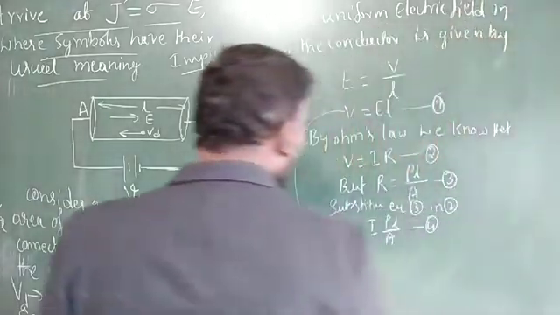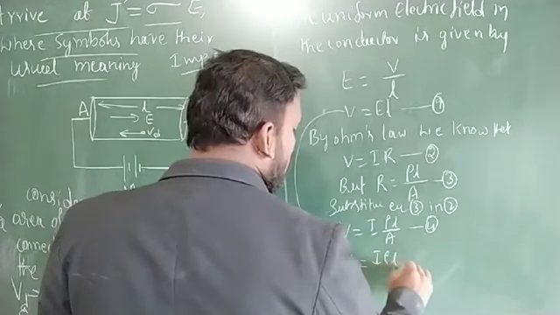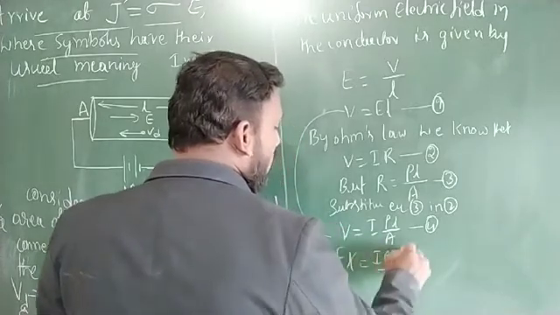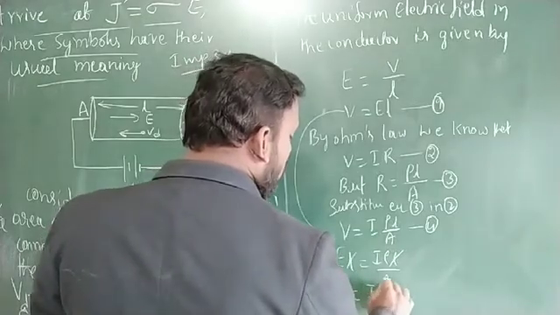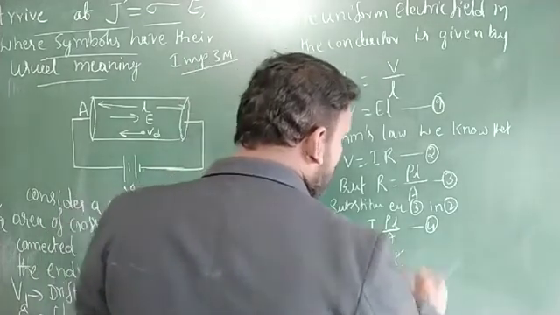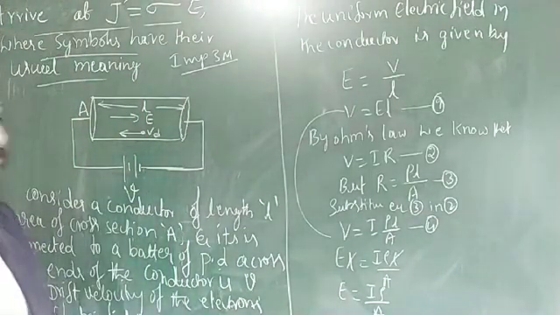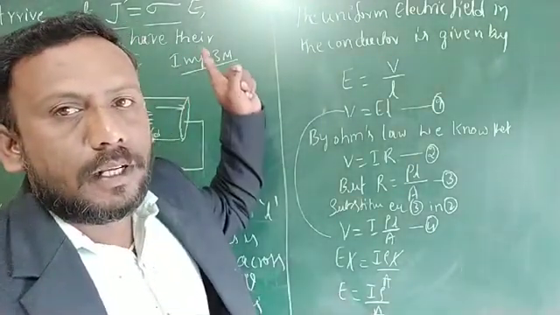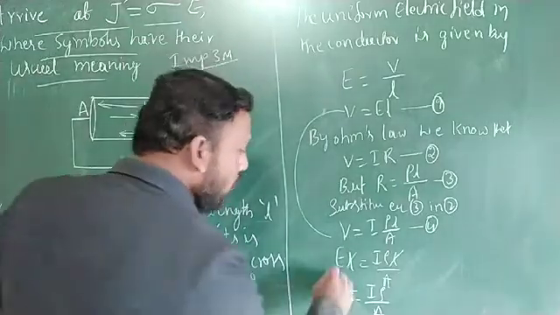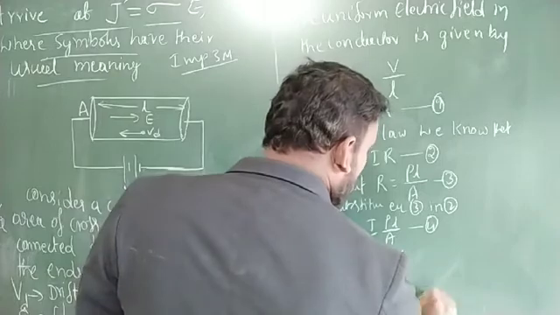We get E into L is equal to I rho L divided by A. L cancels. Therefore, E is equal to I rho divided by A. What is I divided by A? I divided by A is the current density. This is equation number 5.